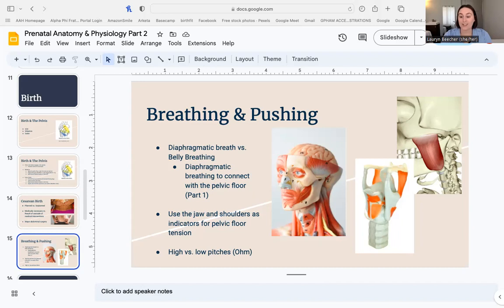Just as a refresher, the diaphragm is up high in the rib cage. If you're breathing, you have to use your diaphragm. You are allowing the rib cage to expand or open out to the sides. So I like to picture an umbrella. As that umbrella opens, as I breathe in, the rib cage opens.